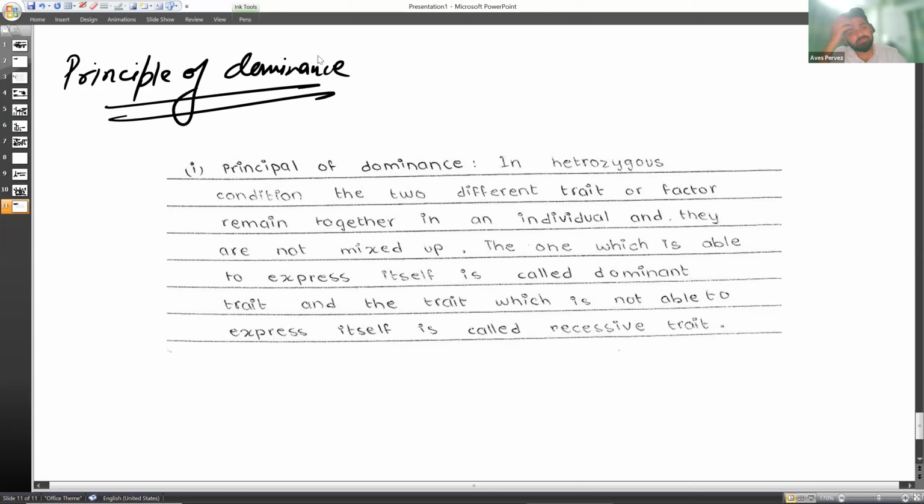Done this one? Principle of dominance, Jovita, Amma, The writing. writing, note it fast.